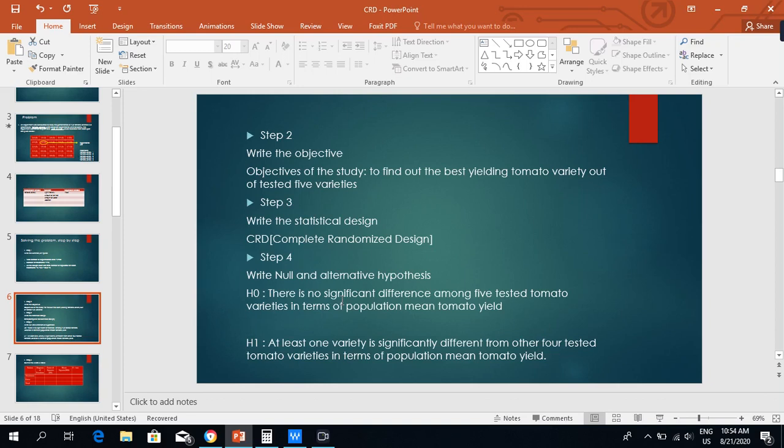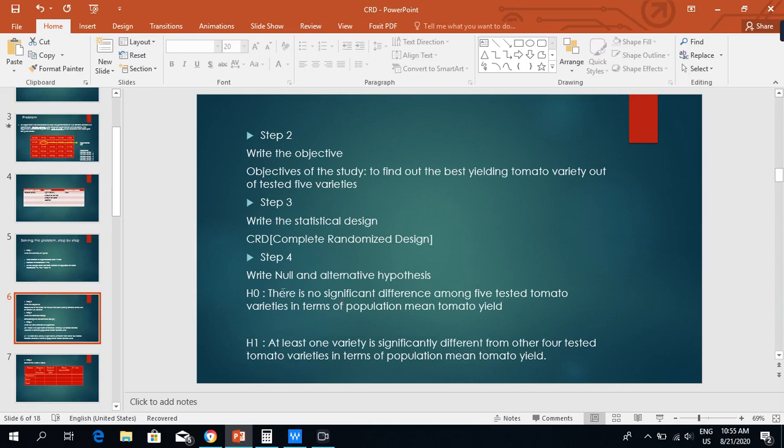A different example than this one is if we conduct an experiment to study the effect of 4 hormones on the growth rate of paddy, we can write our null hypothesis as there is no significant difference among 4 tested hormones in terms of population mean growth rate of paddy, and our alternative will be at least one hormone is significantly different from the other 3 tested hormones in terms of population mean growth rate of paddy.